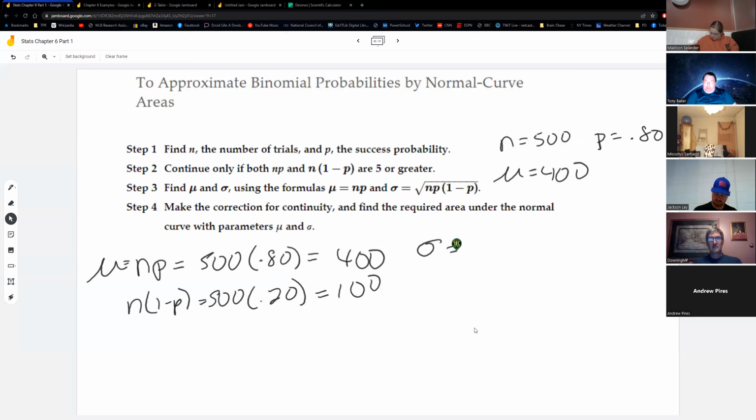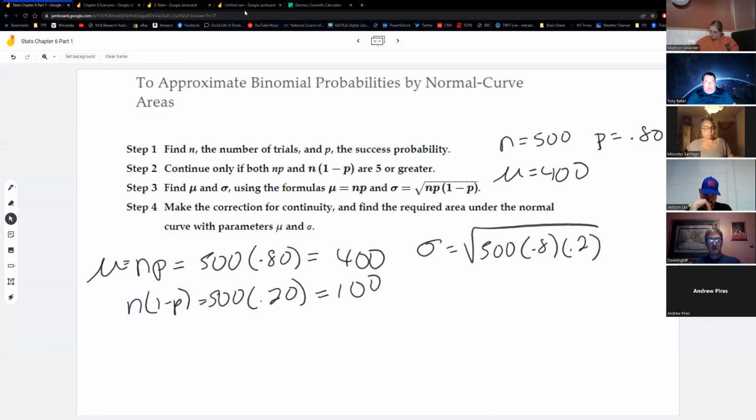Now my standard deviation is the square root of 500 times 0.8 times 0.2, and we get 8.94. That's my standard deviation.